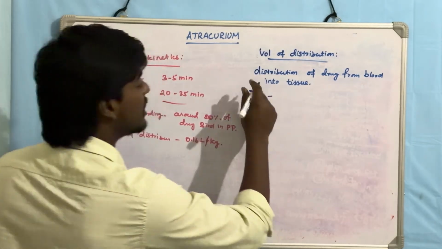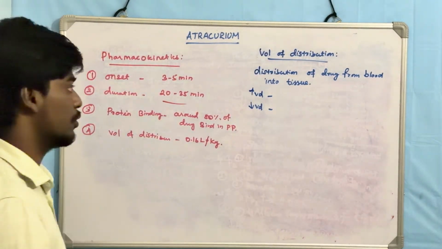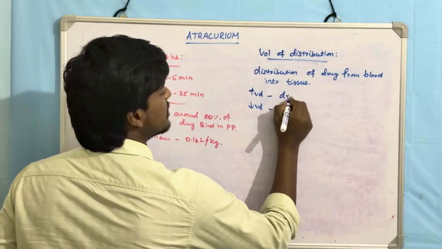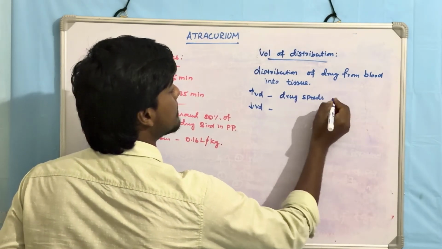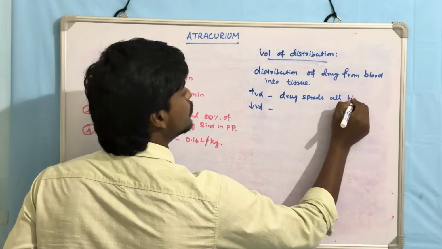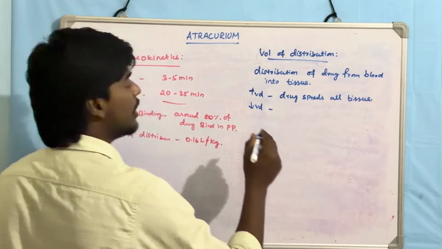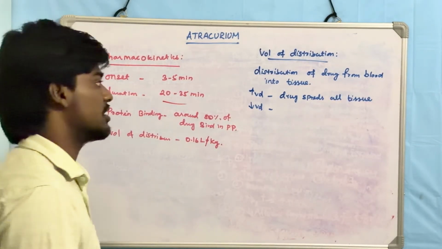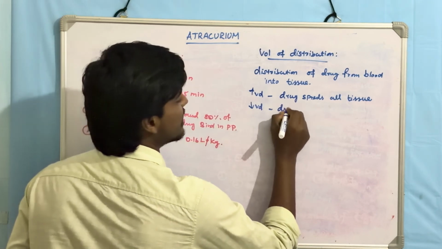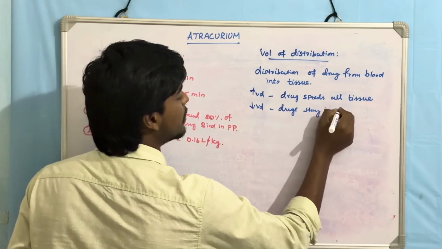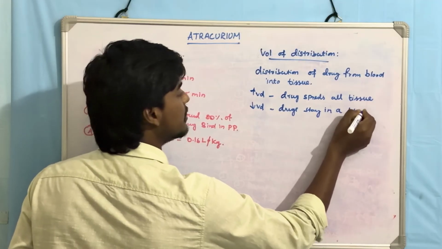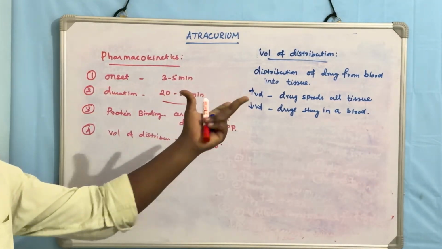Increased volume of distribution denotes that the drug spreads into all tissues. Decreased volume of distribution denotes that the drug stays in the blood. That is the concept of volume of distribution.